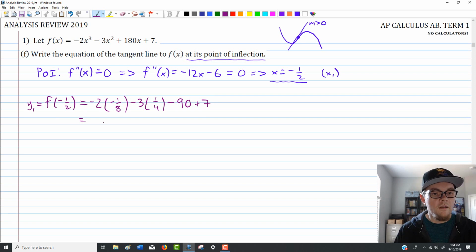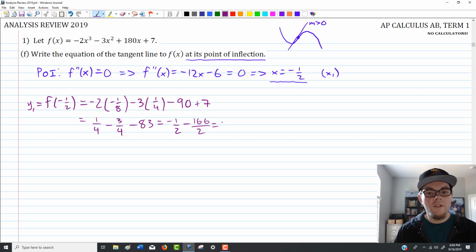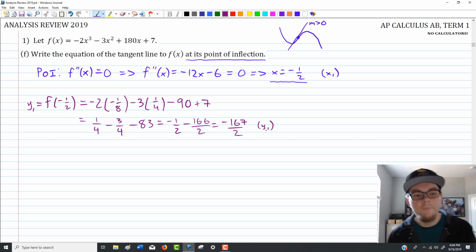Okay, and here, we're going to get, it looks like 1/4, because that's positive 2/8, or 1/4, minus 3/4, and then minus 83. Thanks for that, me. So simplifying a little bit here, we're going to get minus 2/4, or minus 1/2, and then this will be the same thing as minus 166 over 2, which gets us a y value of minus 167 over 2. So that, my friends, is our y1 value.